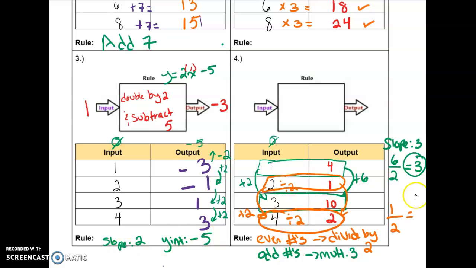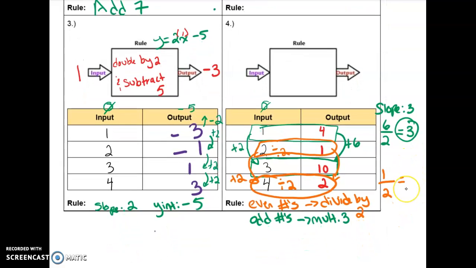And then if I multiply my 1 times 3, that'll still give me 3. But how the heck am I going to get to 4? Well, 3 to 4 is plus 1. So after I multiply, I'm going to add a 1 to each of them, which will work here because 3 times 3 is 9, plus 1 does in fact give me 10.